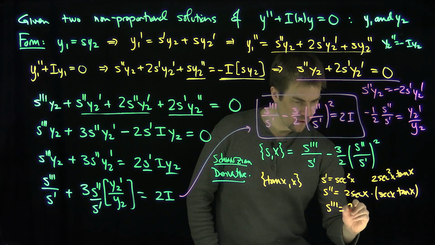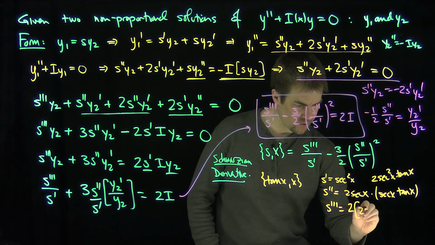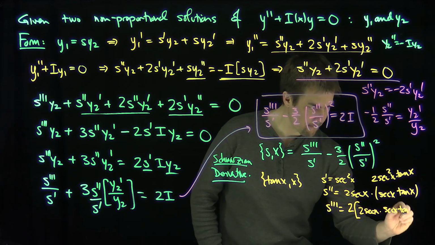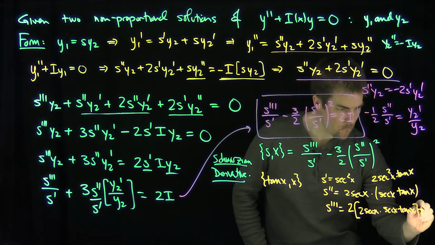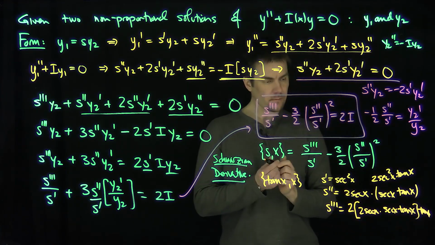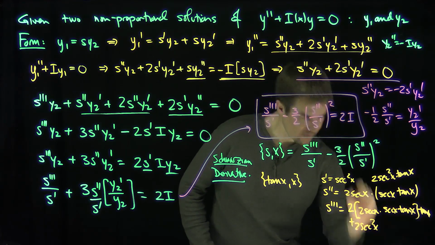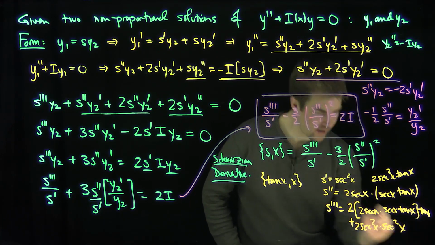It's going to be 2 times the derivative of secant squared, which is 2 secant of x times secant of x tangent of x, and this is times tangent of x. And then plus 2 secant squared x times the derivative of tangent, which is secant squared, so that's secant to the 4th.